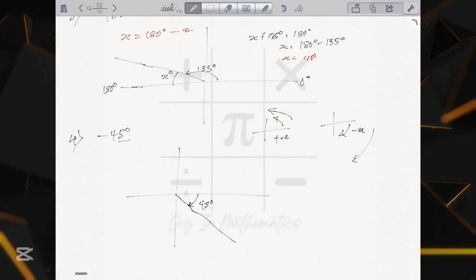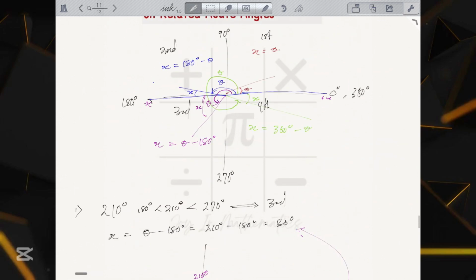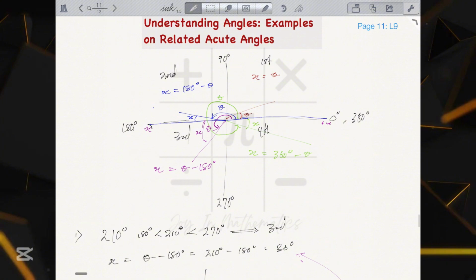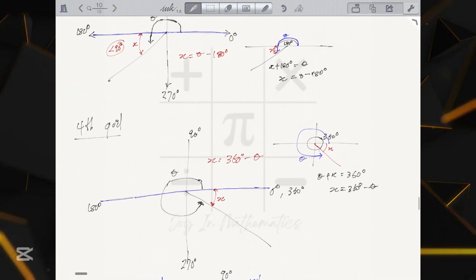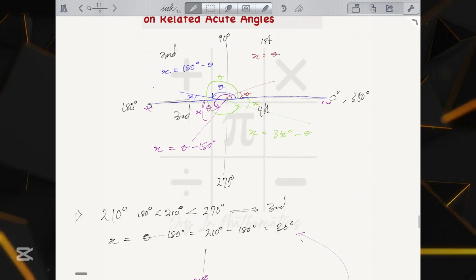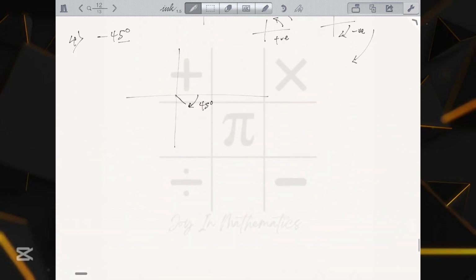If you recall the lesson we had on the acute angle in the fourth quadrant, this will be our related acute angle for the fourth quadrant, which is already represented here, 45 degrees. So our acute angle in this case is 45 degrees.